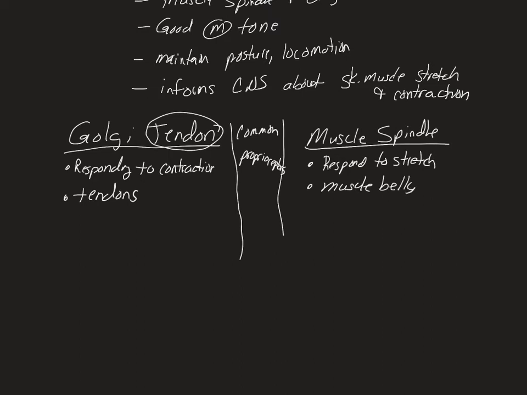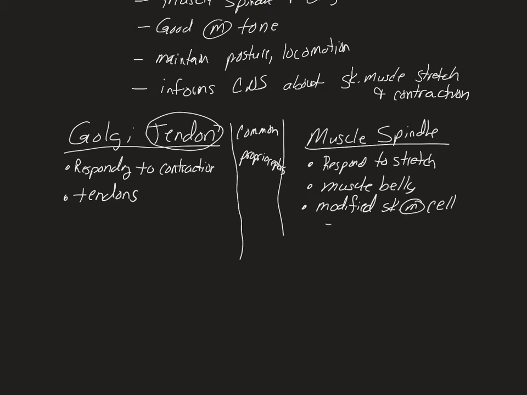Now, the Golgi tendon organ is more of a classic receptor. The muscle spindle is an interesting structure because it's not classic nervous tissue. What has happened is you have taken skeletal muscle fibers and you've modified them.